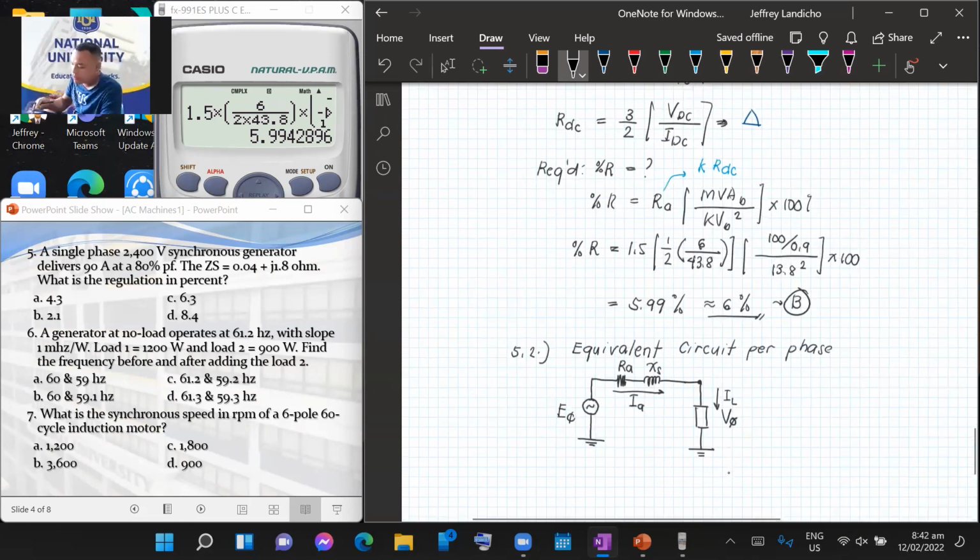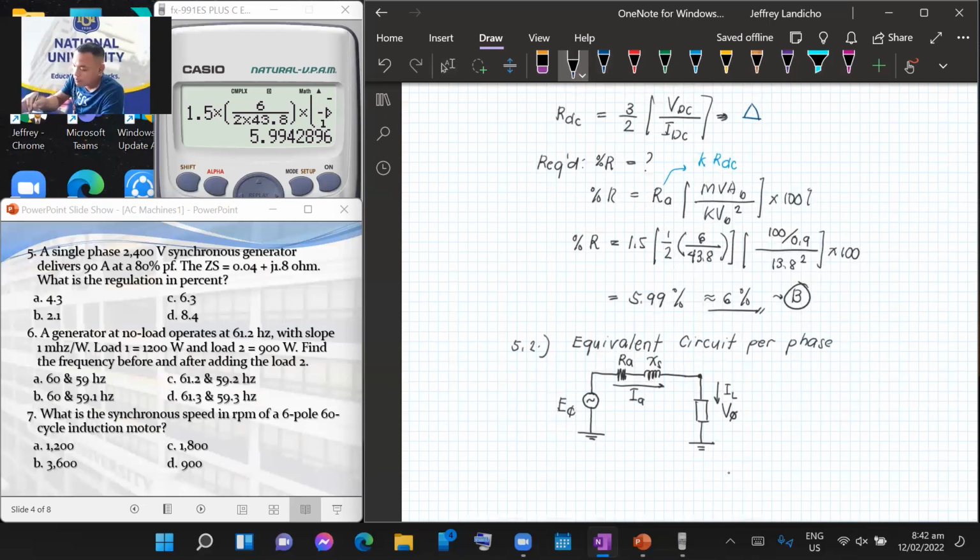Right, my friend? So therefore, using our equivalent circuit, if we apply KVL, we will see that the generated voltage per phase can also be computed as V per phase plus the armature current multiplied by the synchronous impedance.